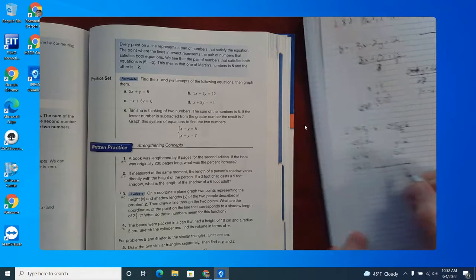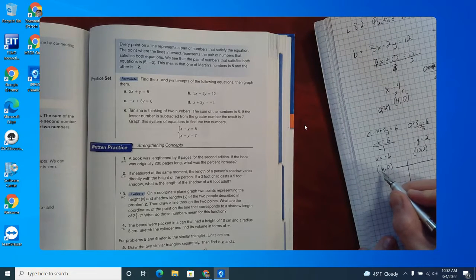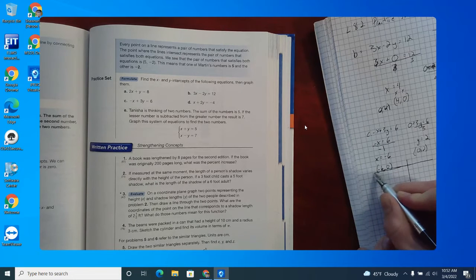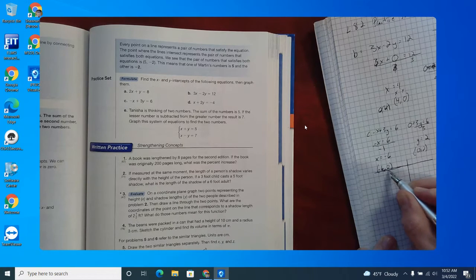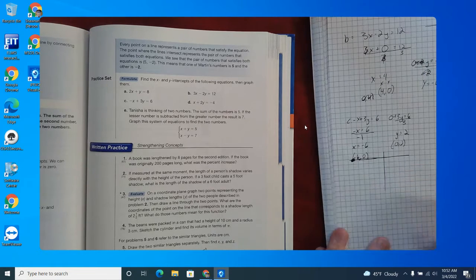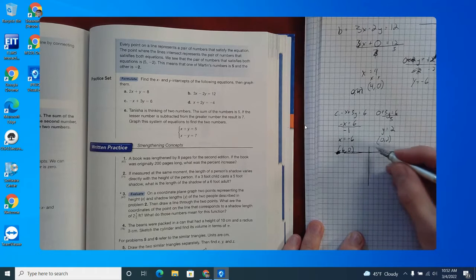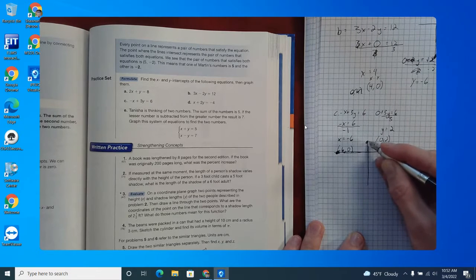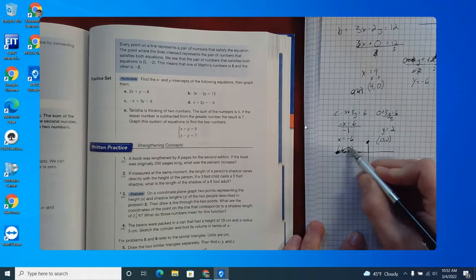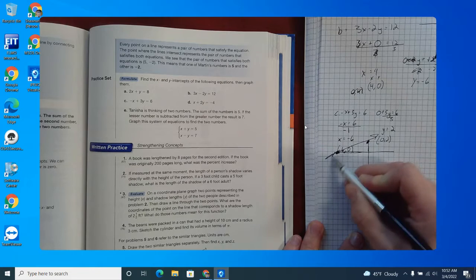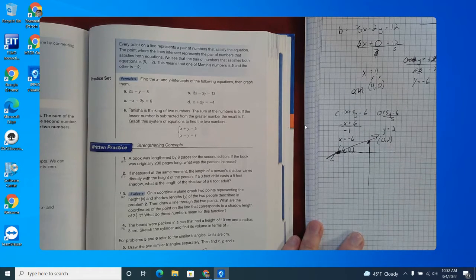Oh, I did this the wrong way, didn't I? Oh well. 1, 2, 3, 4, 5, 6. Negative 6 for x, sorry. And then this is positive 2. Man, I did this all kinds wrong. Okay. That would be the graph.